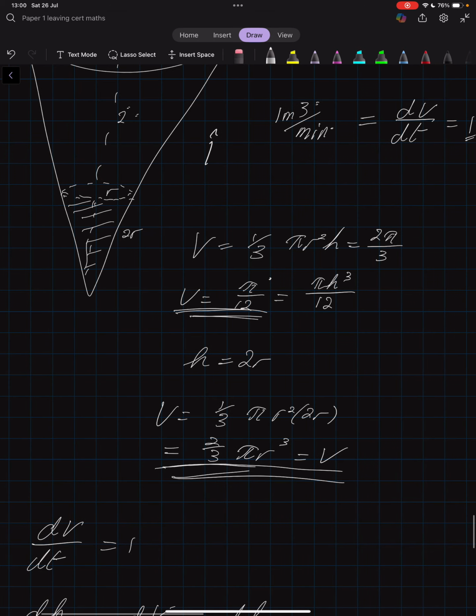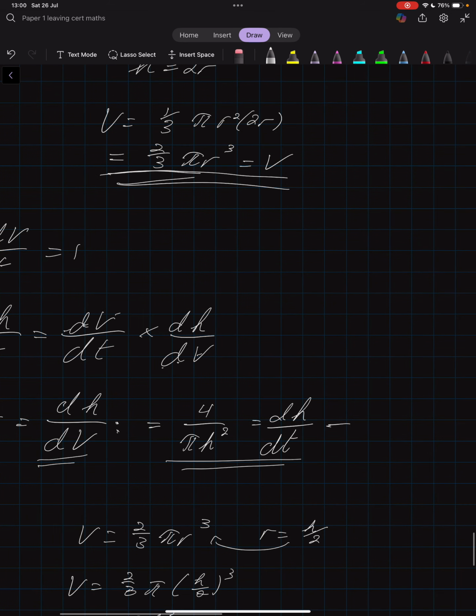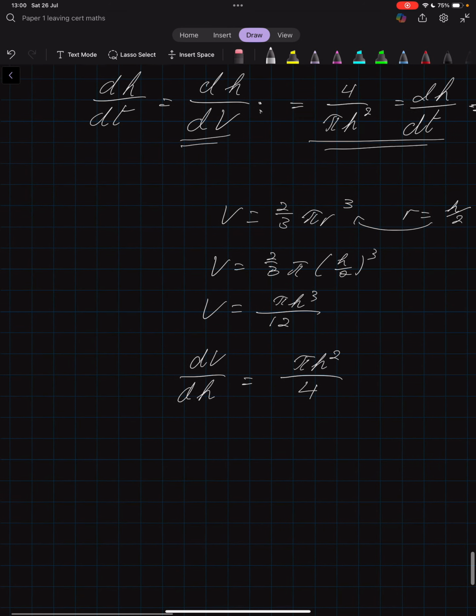And basically that means that h is 1. So what they're asking is, what is this thing equal to when h is 1? If I plug in h equals 1, I'm simply left with 4 over pi. And remember, it's meters per minute. Okay, so that's it. That was quite a hard one.